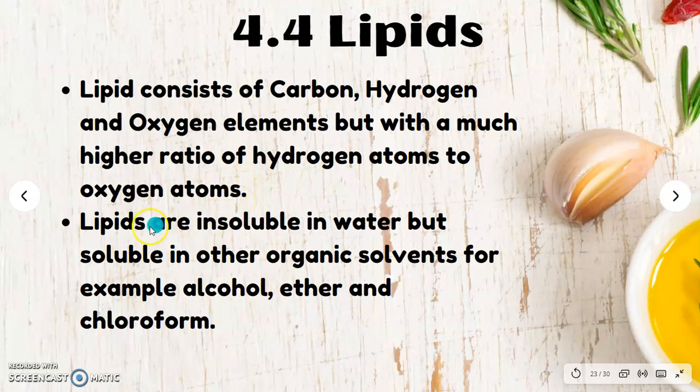Second, lipids are insoluble in water, but soluble in other organic solvents, for example alcohol, ether, and chloroform. That refers to the characteristics of lipids.